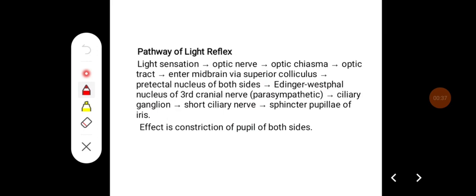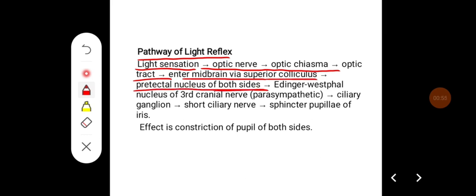If you see the pathway of the light reflex, when light falls on the retina, light is sensed and the impulses pass through the optic nerve, optic chiasma, optic tract, enter the midbrain via superior colliculus, then they enter the pretectal nucleus of both the sides.